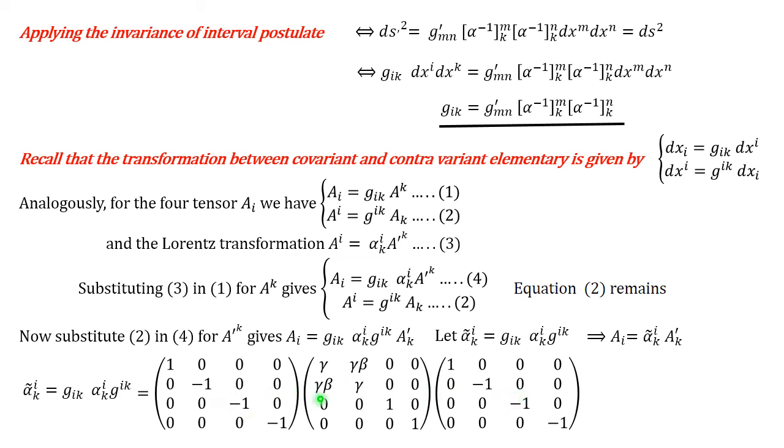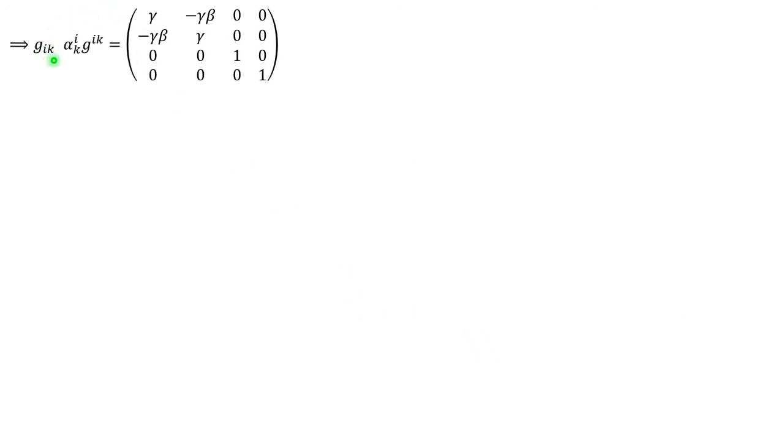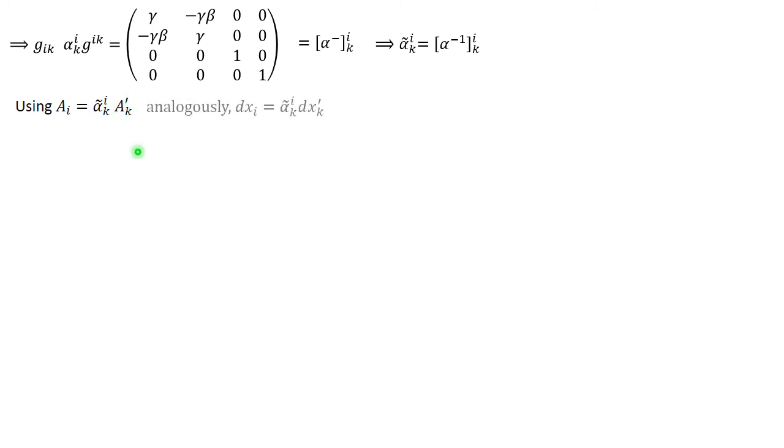So if we do this matrix multiplication from left, we will discover that this matrix is the inverse Lorentz matrix, which now implies that alpha tilde_ik is equal to the inverse Lorentz matrix, alpha inverse_ik. So using a_i equals alpha tilde_ik a'_k, analogously, in the place of a we put dx_i, and in the place of a'_k we put dx'_k. So we see that we can have this relationship.